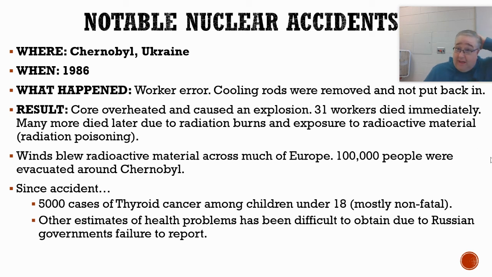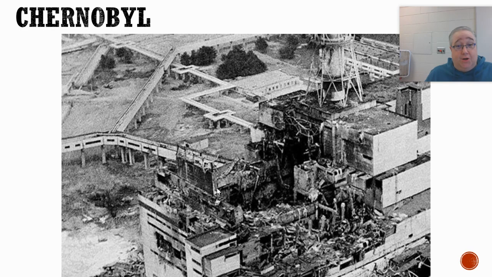How many people really got sick? It's most likely very underestimated. They said 31 workers died immediately. Thousands of people got sick, but the numbers are probably much higher than what was reported. All because of just the way the Soviet Union handled their business. But this was a major disaster.